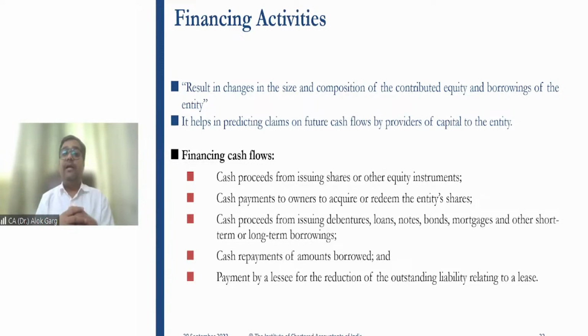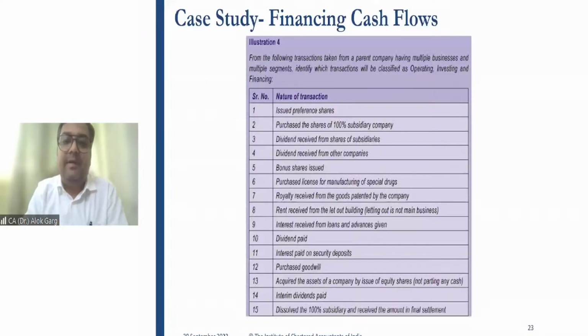It helps the stakeholder in understanding how the company is financed. So who is financing the operations of the company? This cash flow from financing activity helps in knowing the cash flows from the capital structure of the entity.